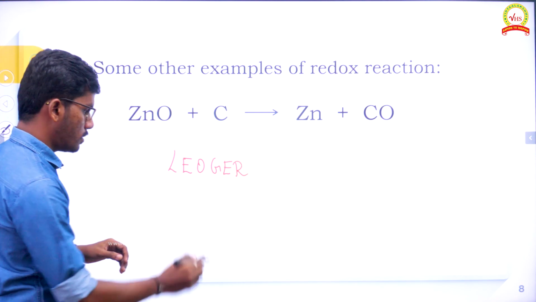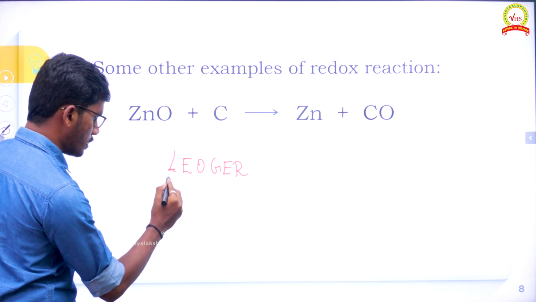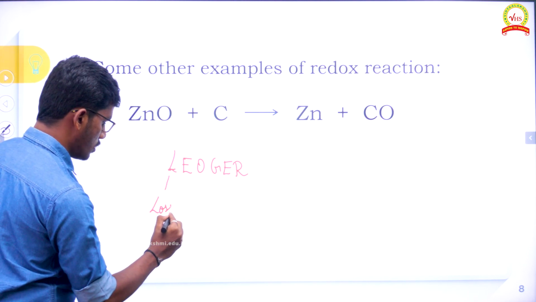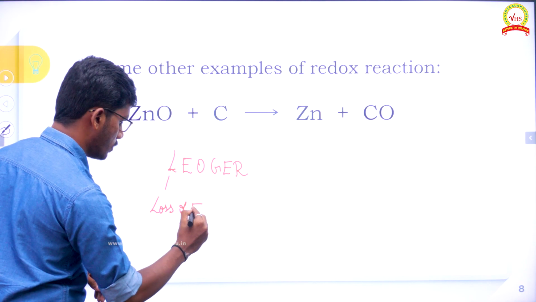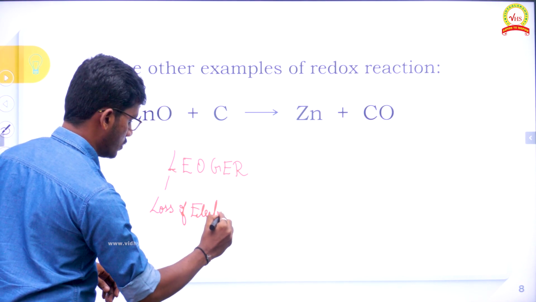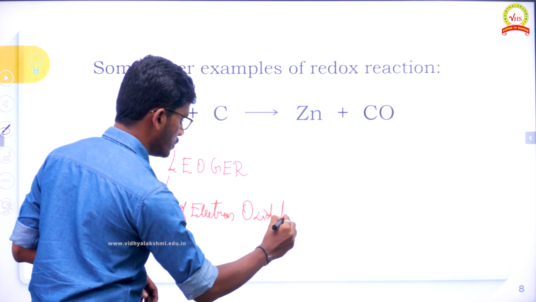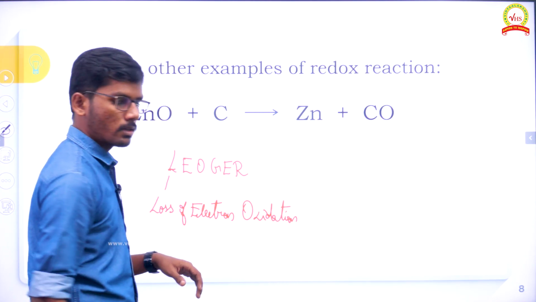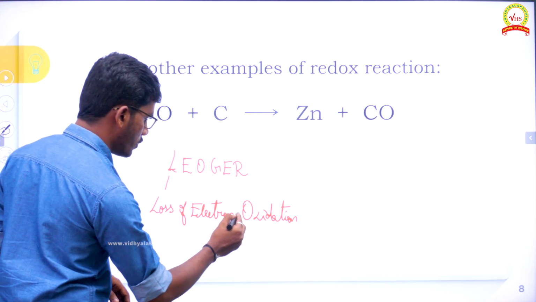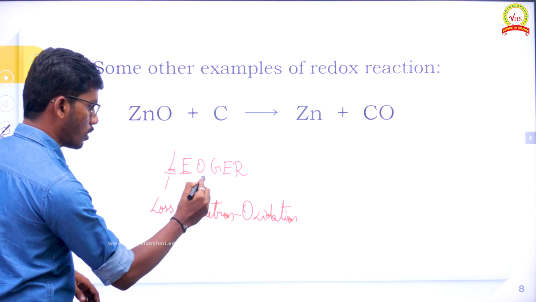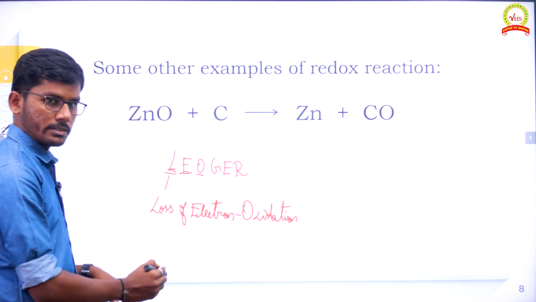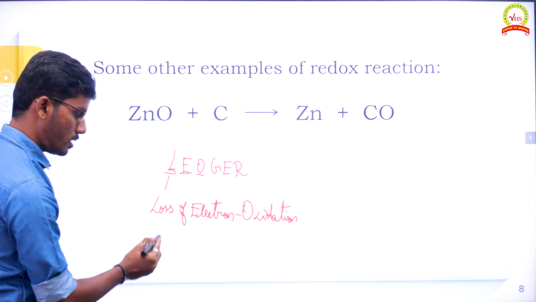L represents loss of electron, and this is oxidation. This is just a term to remember the oxidation and reduction process. Loss of electron, LEO: loss of electron, oxidation. By now you would have guessed right.